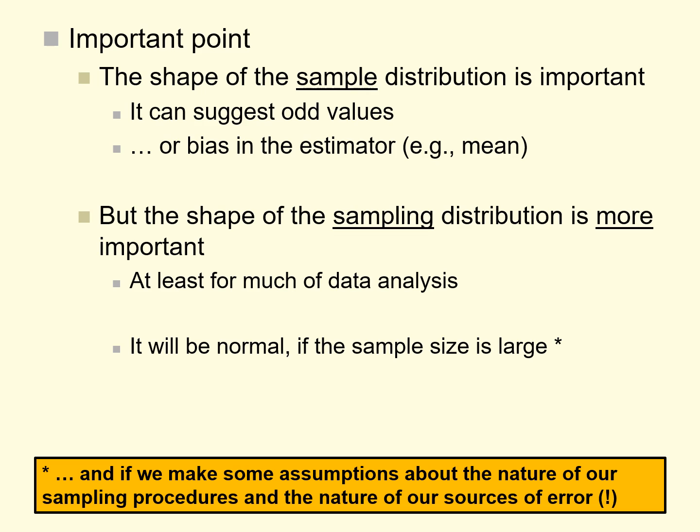And it's also good to know that that sampling distribution will have a normal shape even if the sample distributions are not normal, provided that the sample size for those samples is large, and provided we make some assumptions about the nature of our sampling procedures and the nature of our sources of error, which I won't get into right now.